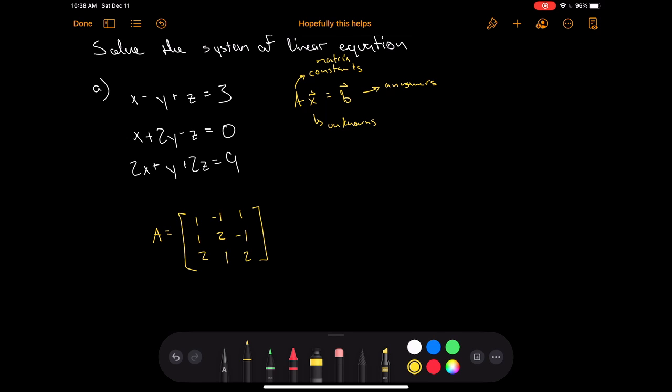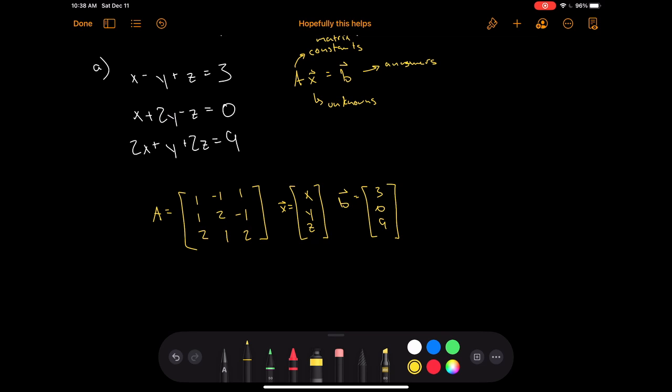X would be our variables, x, y, and z. And then lastly, our b is going to equal our answers.